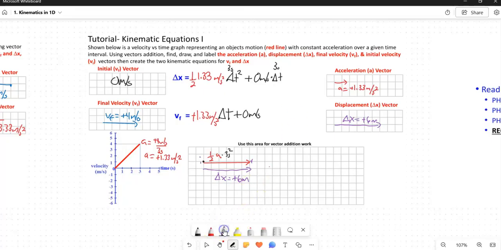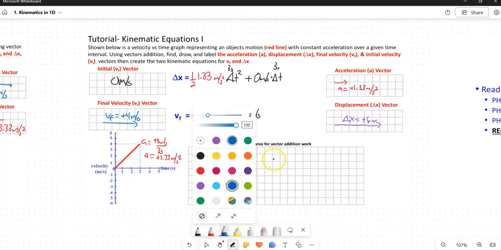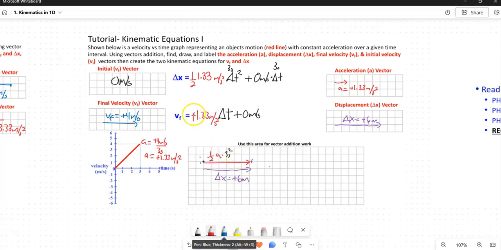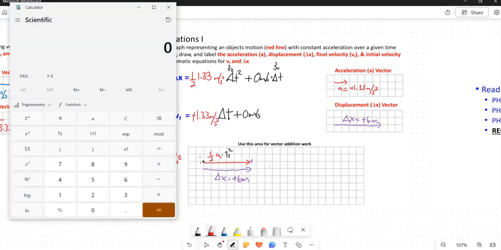Incidentally, for the final velocity, if we wanted to do the final velocity vector, we're going to take the acceleration vector, which is 1.33, times 3 seconds. So 1.33 times 3 is 3.99, right?